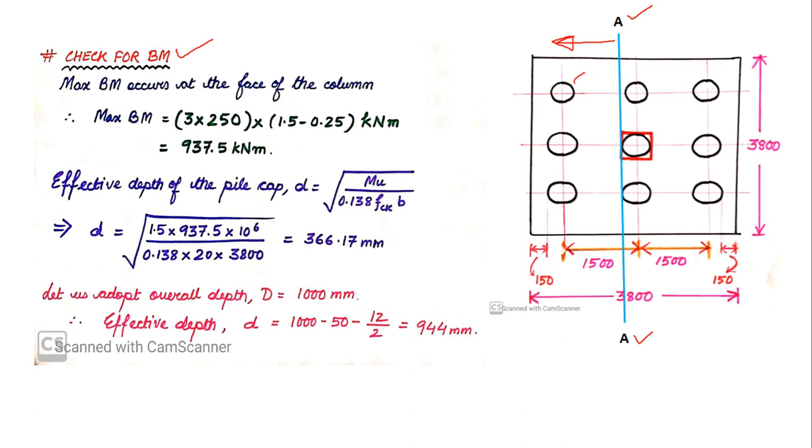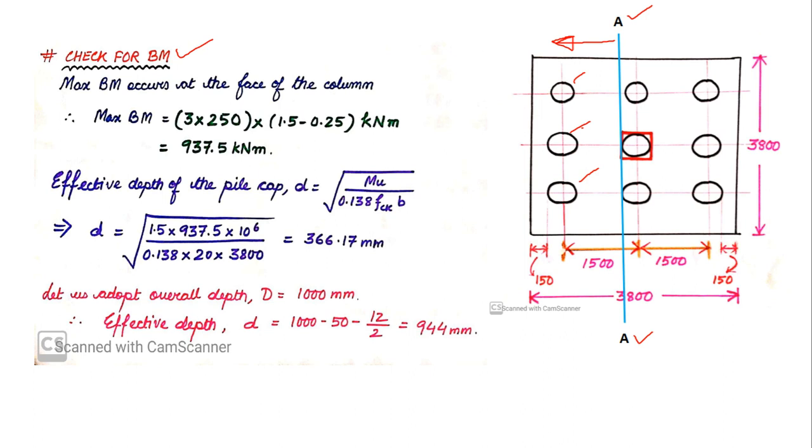These are my 3 piles. So the load carried by each pile will be 250 kilonewton. So all total I have got 3 into 250 kilonewton, that is 750 kilonewton of load acting on the left hand side of my section AA.